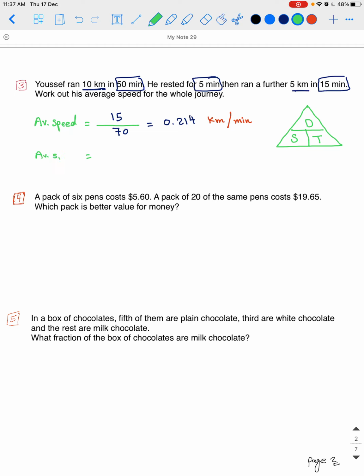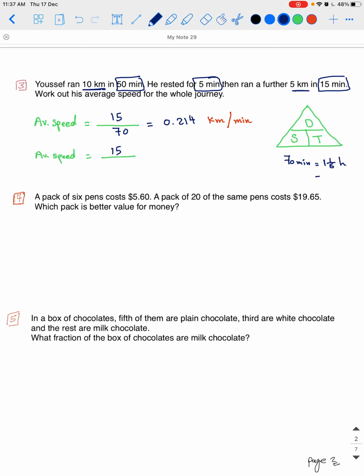So average speed will be equal to 15 kilometers, the same, but I need to convert 70 minutes into hours. 70 minutes equals 1 hour, because 1 hour equals 60 minutes, and 10 more minutes. 10 more minutes means 10 over 60, which means 1 over 6. So it's 1 and 1 over 6 hour.